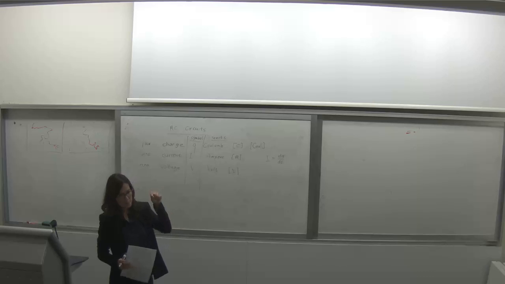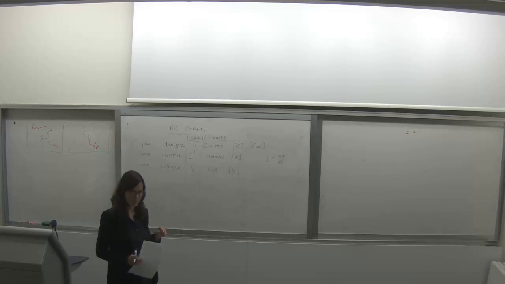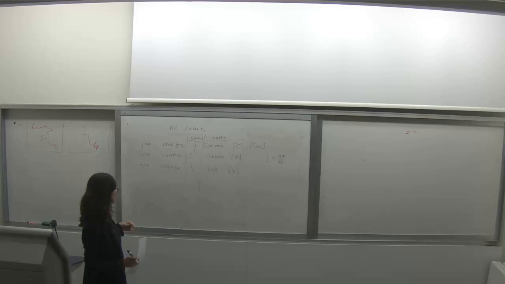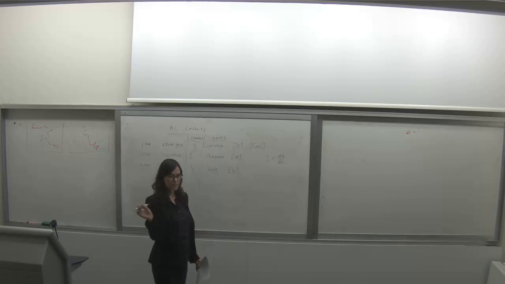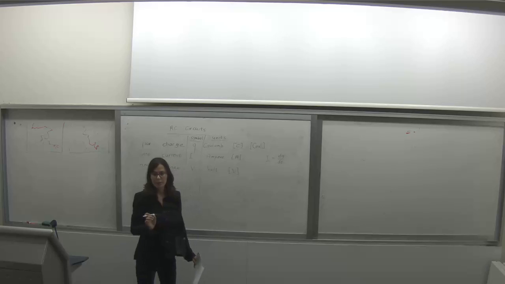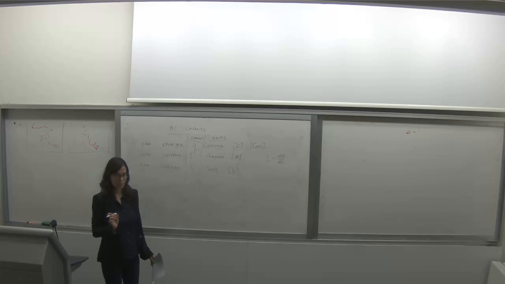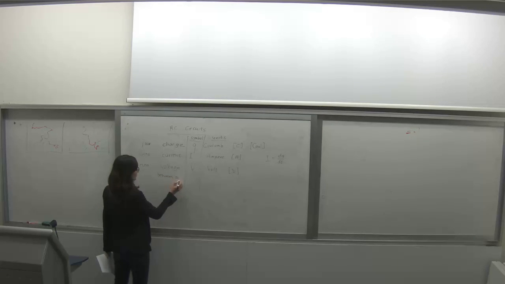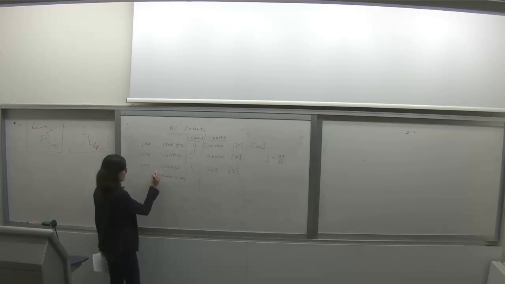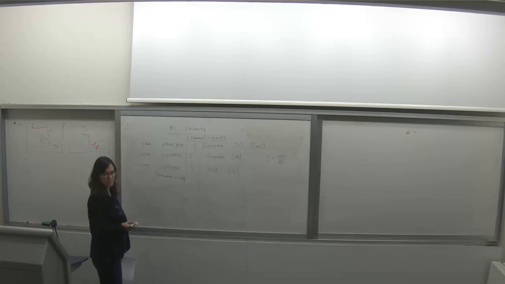Okay? So this point of space has some potential. Now if you take 2 points in space, and you calculate the difference in their potential, this is the voltage between these 2 points. Okay, so voltage is between 2 points in space. Okay, it's a relative concept.